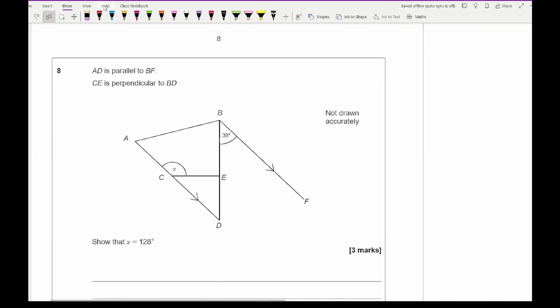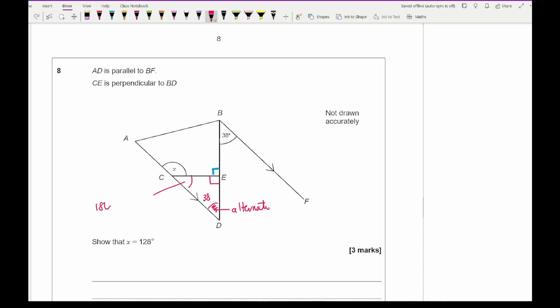Then moving on to question 8, it says AD is parallel to BF, CE is perpendicular to BD, show that x equals 128. So I know that this is 90 degrees. So then what I can work out is if BF and AD are parallel, then this angle here is going to be 38 because it's alternate. So that means that this angle here is going to be 90 degrees, and I can then work out what this angle here is.